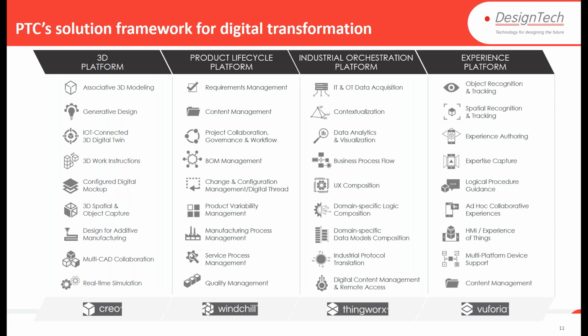So it provides graphical content which can be viewed in the real physical world, and you can also get the real-time data which is coming from the IoT sensors, right? So these four kinds of verticals are there from PTC. Each vertical has a different market, different domains.